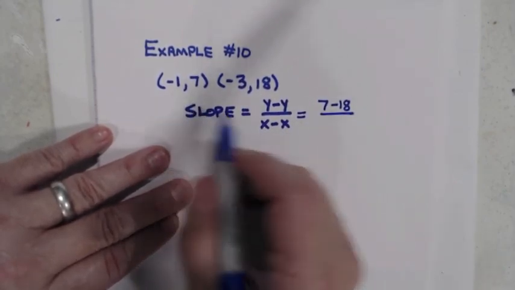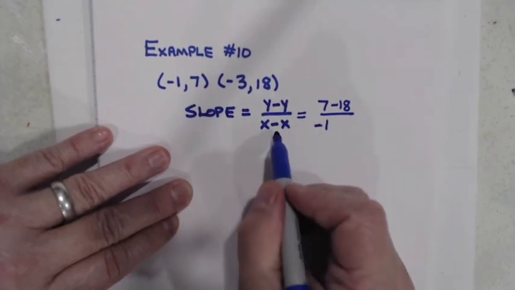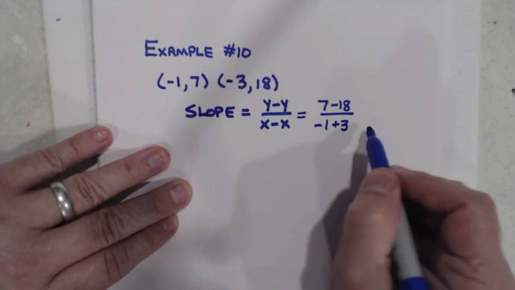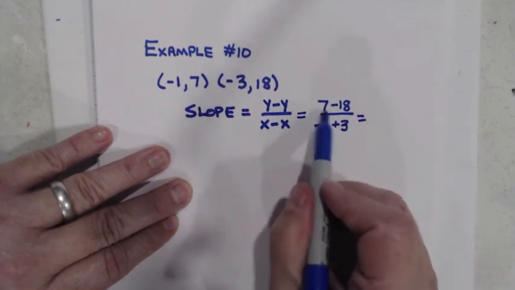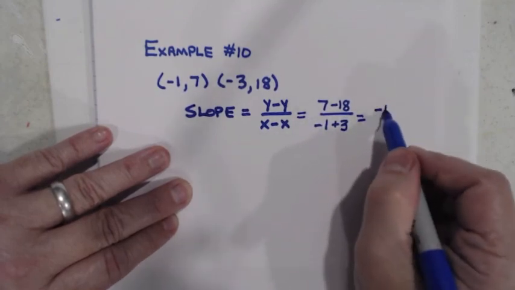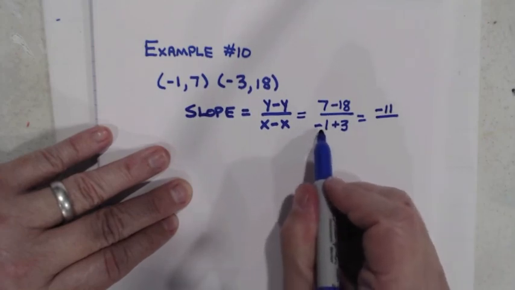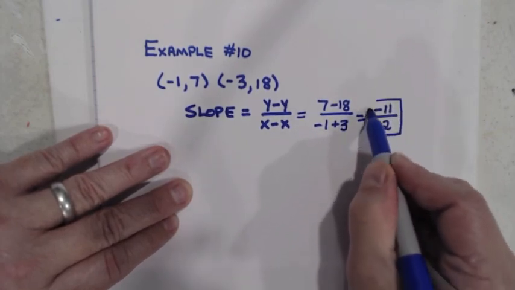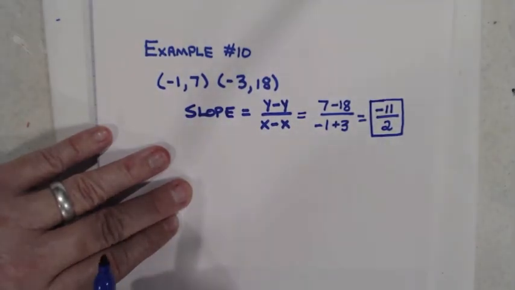Take your first x. Subtract your second x. A negative and a negative make a positive. 7 minus 18, -11. -1 plus 3 is 2. That's the slope of the line that passes through those 2 points.